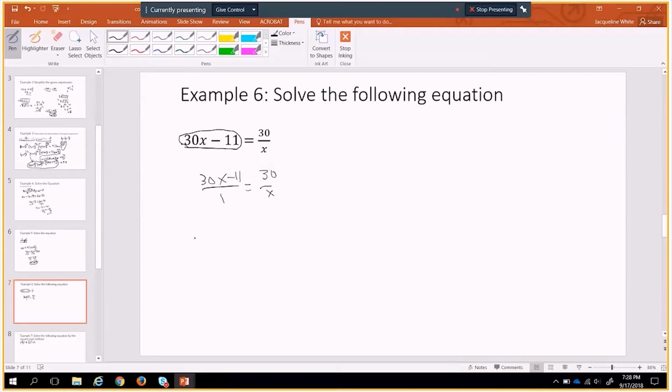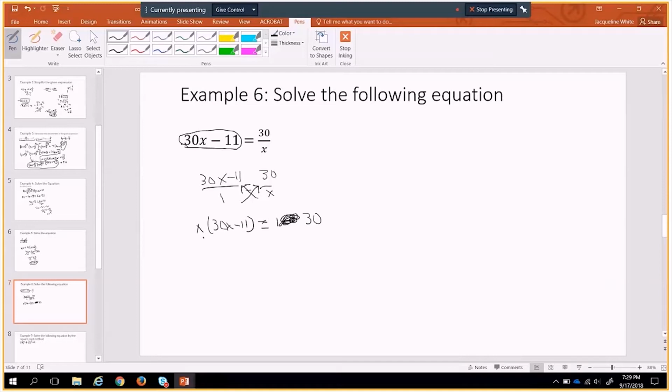All right, so it's going to be x times (30x minus 11), right? Let me just draw the arrow so you guys know for sure, which is equal to 1 times 30, right? And that's just going to be 30 eventually, so I'll just cross that out. All right, so that's going to be x times (30x minus 11) is equal to 30.